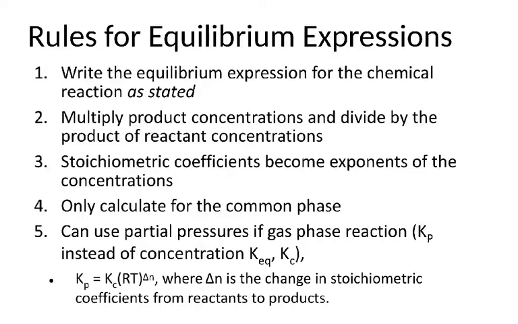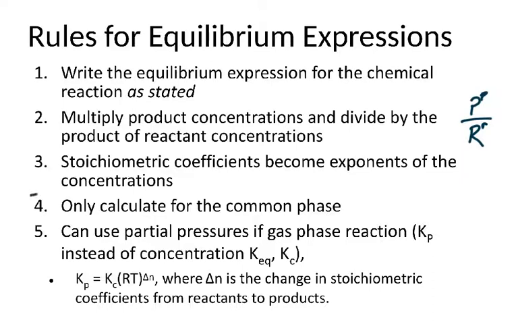So write it for the reaction that you are given. You're going to multiply your product concentrations, divide by the product of the reactant concentrations, so it's our products over our reactants. And then the stoichiometric coefficients become exponents, so p to the small p, r to the small r. So coefficients become exponents.